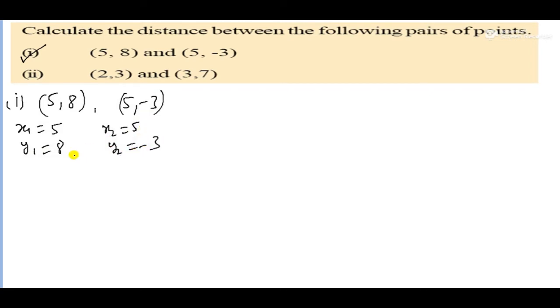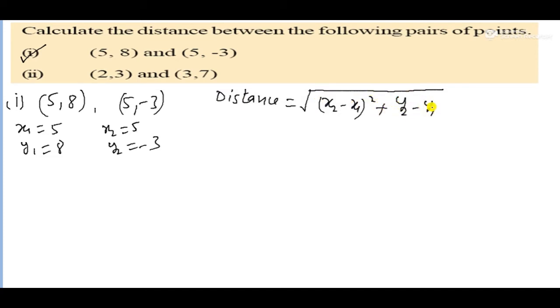Now x2 is equal to 5 and y2 is equal to minus 3. So for the distance between two points we can use the distance formula, which is the square root of (x2 minus x1) whole square plus (y2 minus y1) whole square.